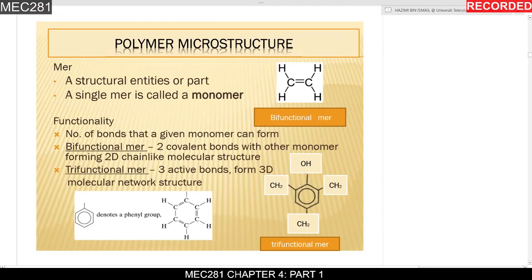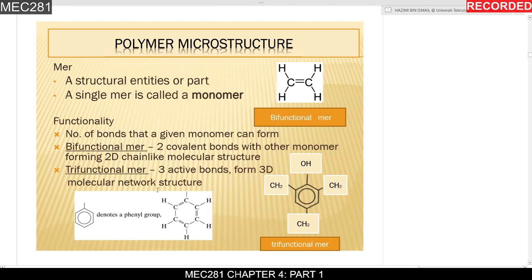Okay, a structural entity or part, a single mer, is called a monomer. Functionality is the number of bonds that a given monomer can form. A bifunctional mer forms 2 covalent bonds with another monomer, forming a 2D chain-like molecular structure.